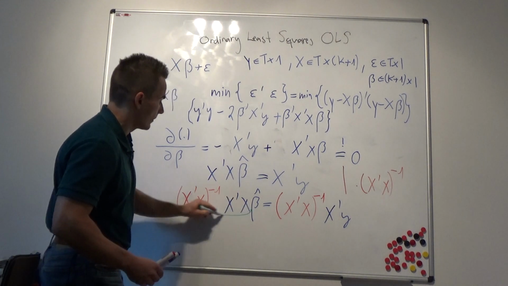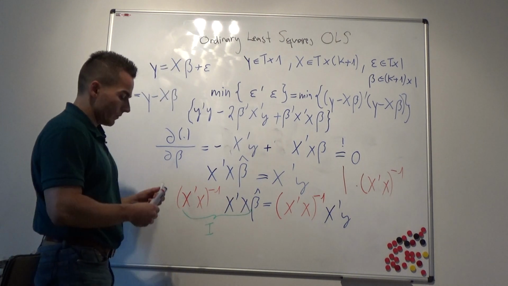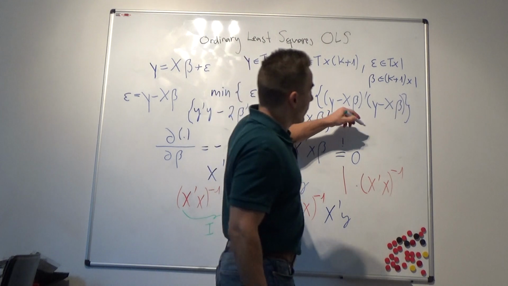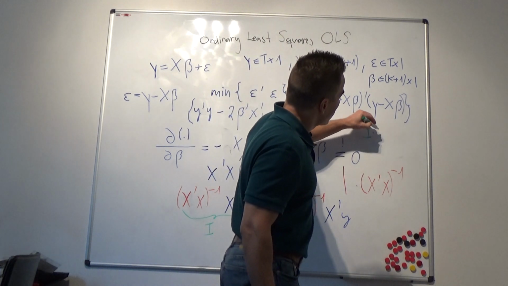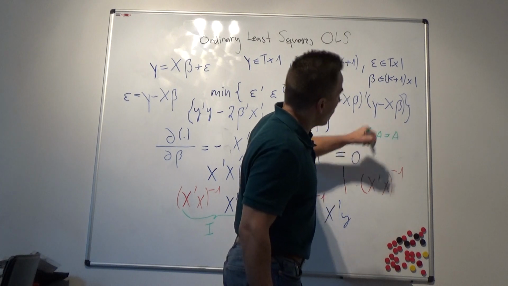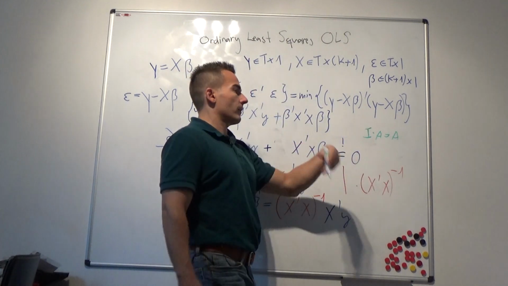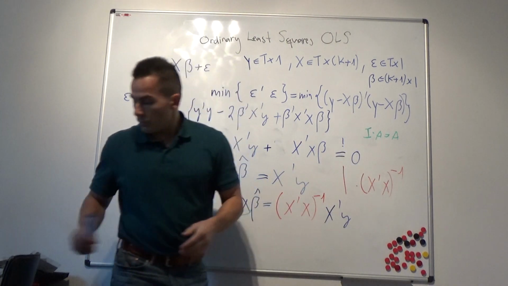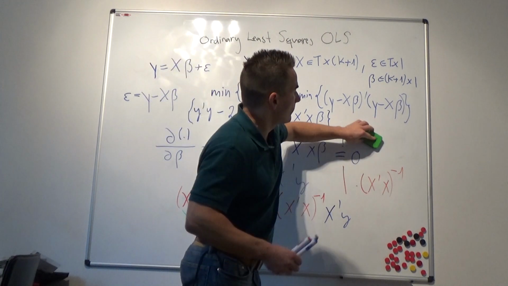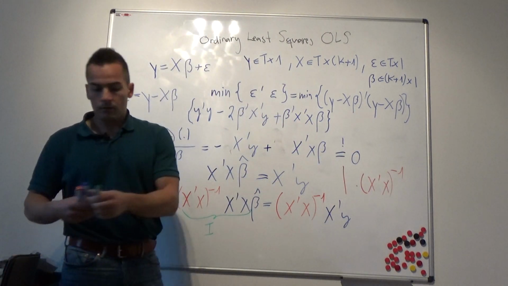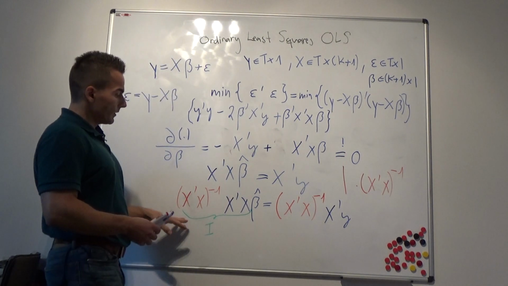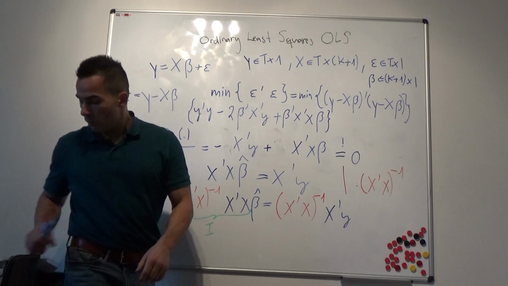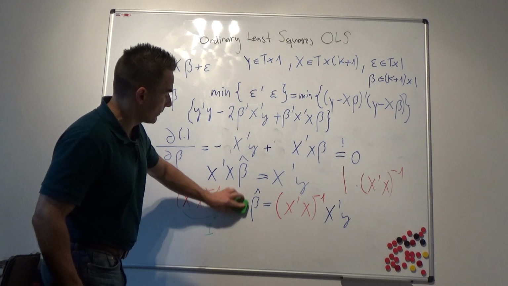Another rule from linear algebra is that if you multiply the identity matrix with a matrix A, what comes out is matrix A, so the identity matrix doesn't change anything. So the identity matrix times beta hat is beta hat, and we can take this away.